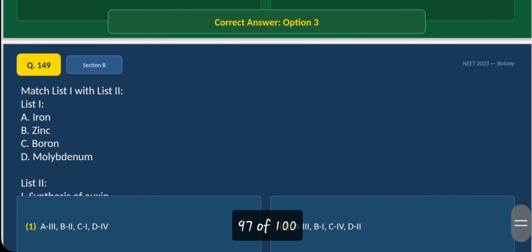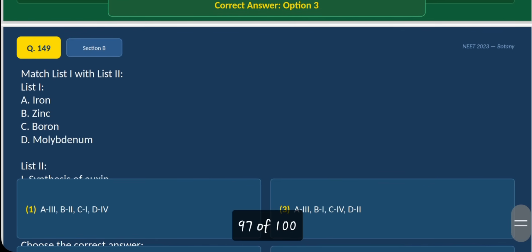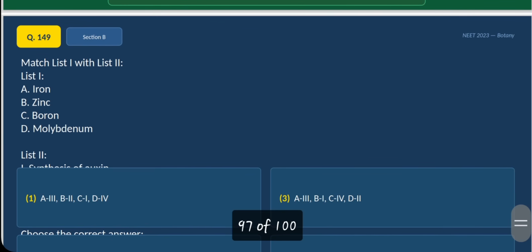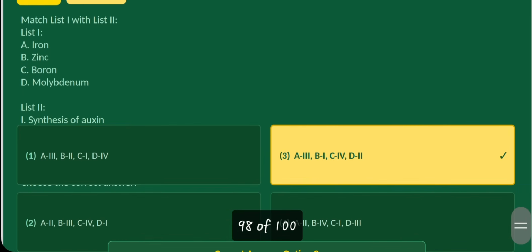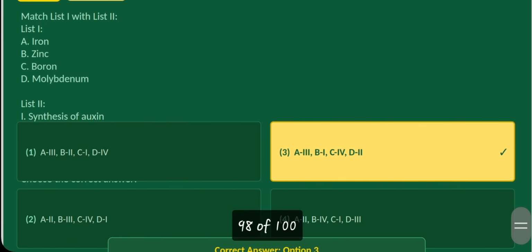Match list 1 with list 2. Iron, zinc, boron, molybdenum. This is the mineral nutrition topic, which you don't have for your study. Boron is required for the germination of pollen grains. The correct answer is A3.